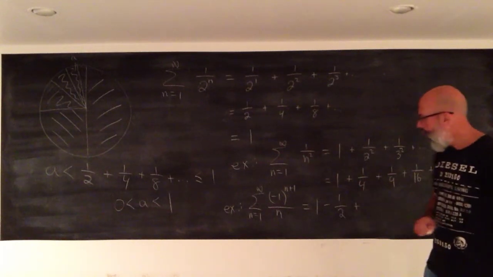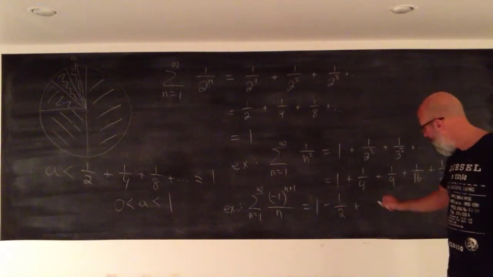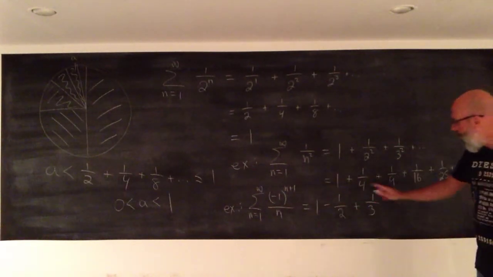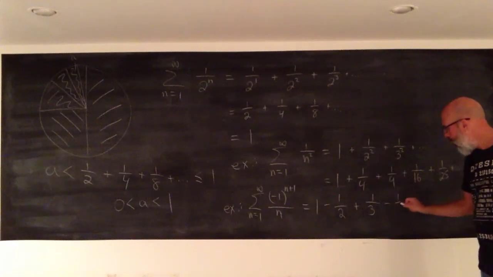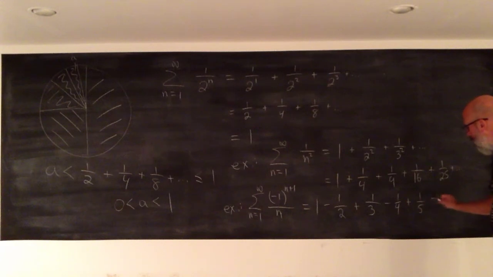Plus, when n is 3, negative 1 to the 4 is positive 1 over 3, and so on and so on. The next term would be negative 1/4, and then plus 1 over 5, and so on and so on.